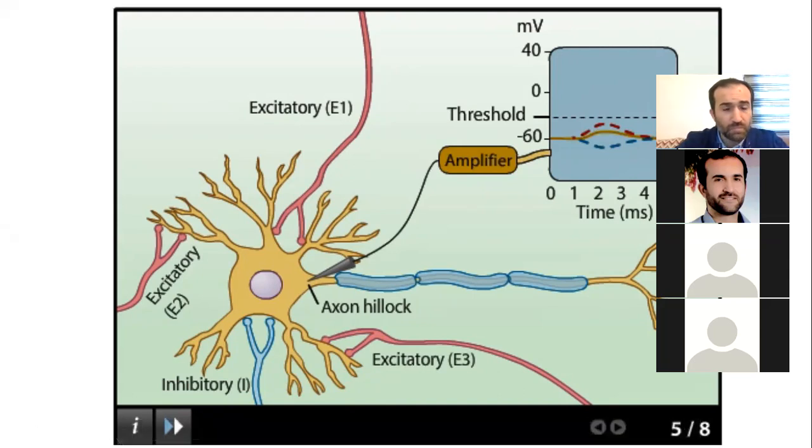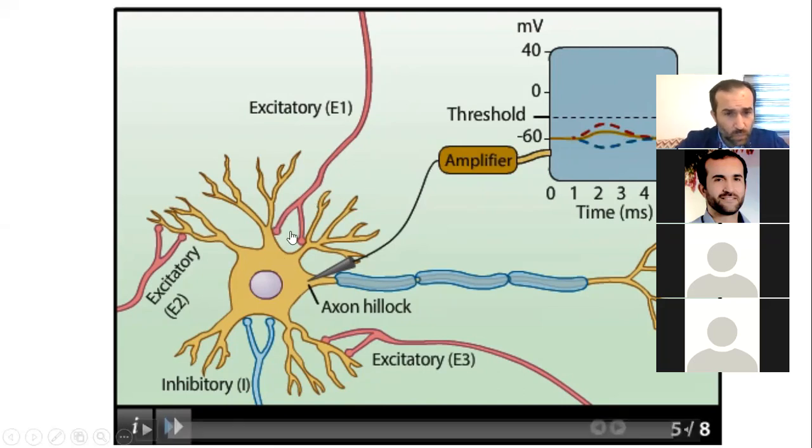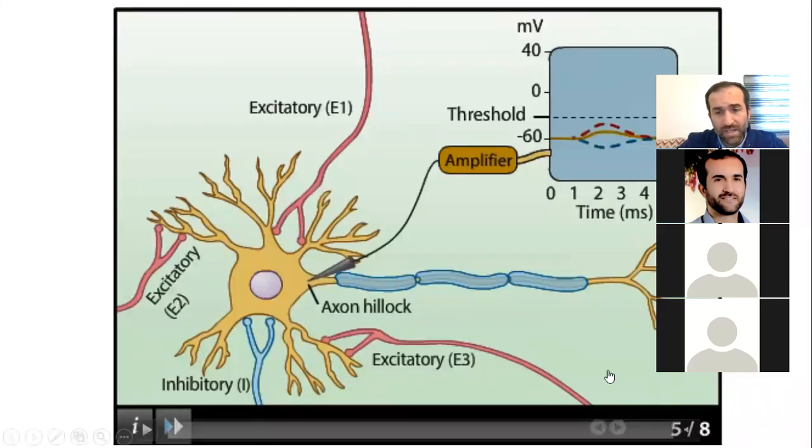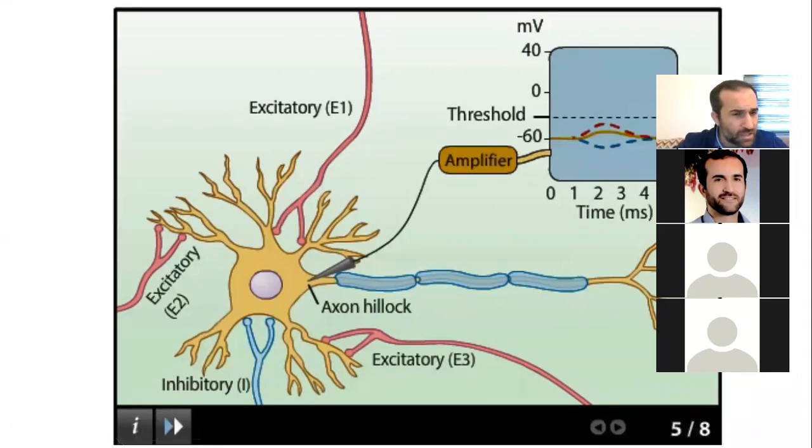This is the case when we have two messages coming from two different neurons, one inhibitory and one excitatory. And also it is the case when two excitatory postsynaptic potentials do not give me an EPSP higher than the threshold. This is the case of another type of summation.